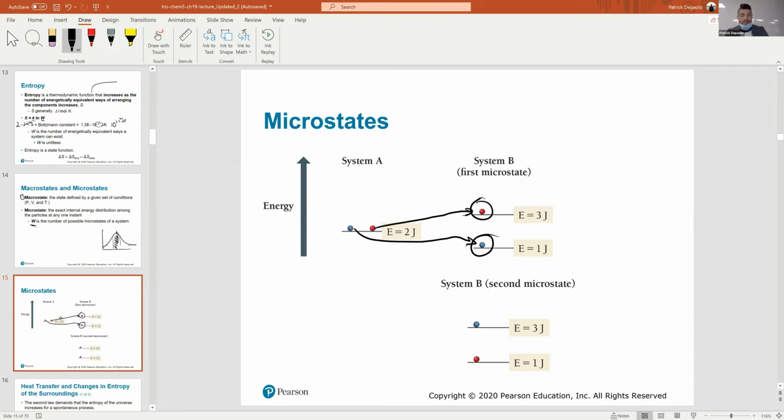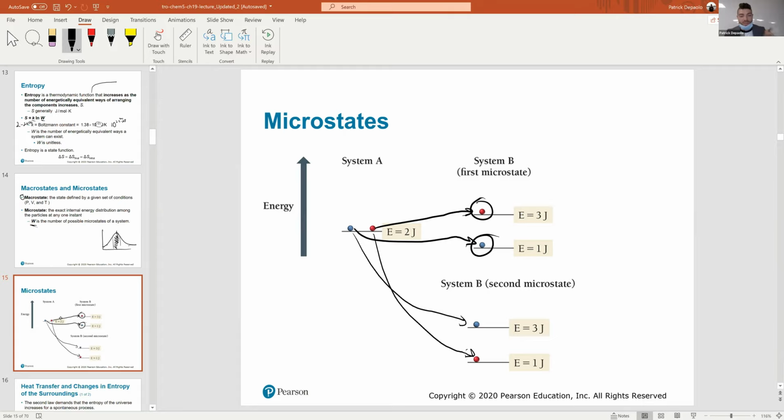Whereas for system B, the second microstate of system B has the blue one now at 3 and the red one now at 1. To the macrostate viewer, they're the same exact thing, because one of the particles is at 3 and one is at 1.